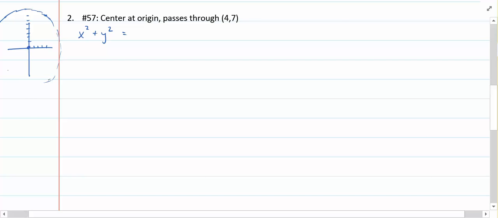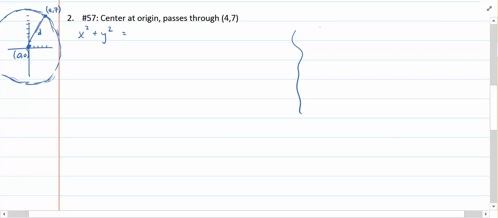Our job is to find the radius next, because if we had the radius of this circle, that would help us identify the equation of the circle. So the radius would be the distance from the center to the edge of that circle, and we can find that distance using the 2 points, (0, 0) and (4, 7).